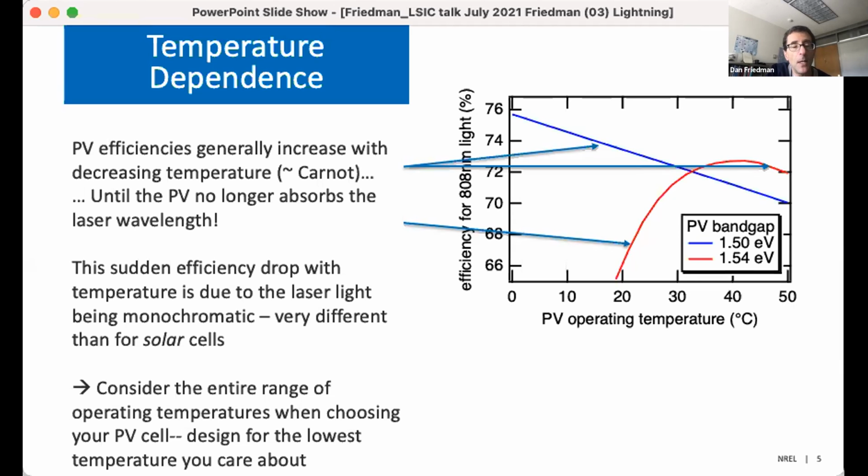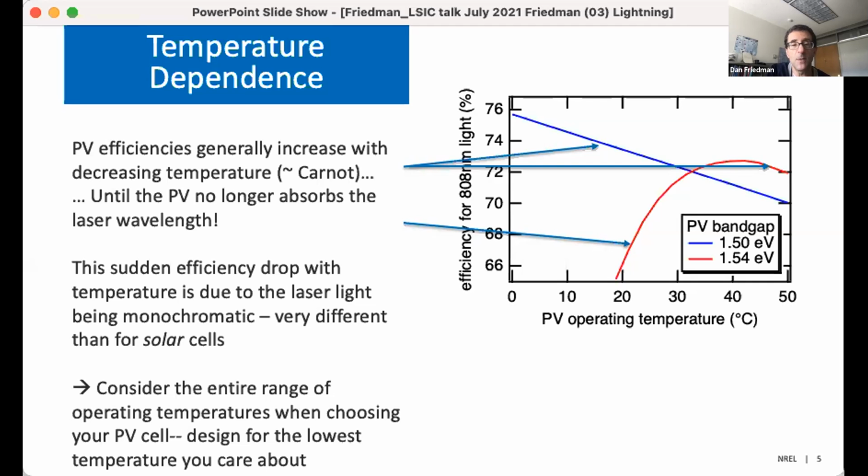With the laser situation, it's similar until it becomes very different. And that's because, as discussed earlier this morning to some extent, you're only converting one laser wavelength, and semiconductor band gaps generally increase with decreasing temperature.